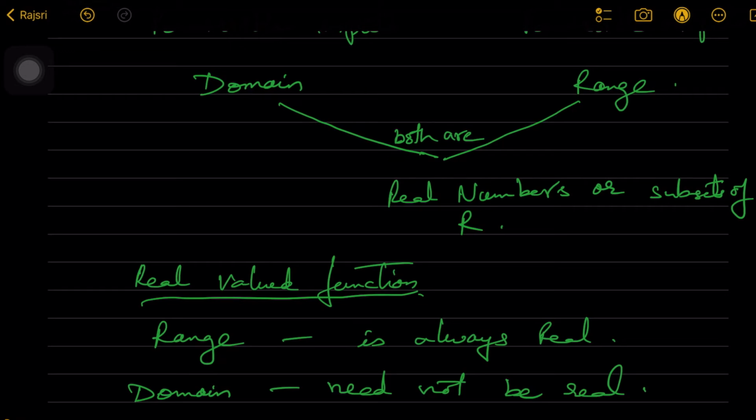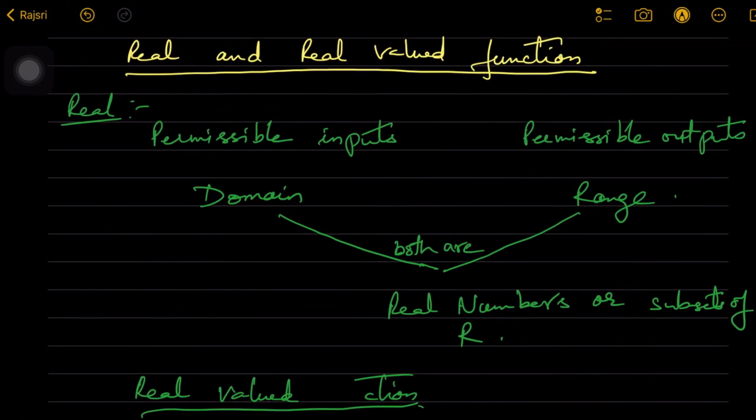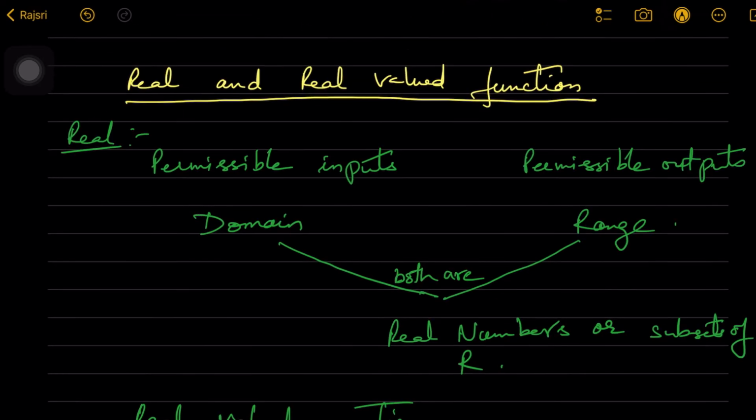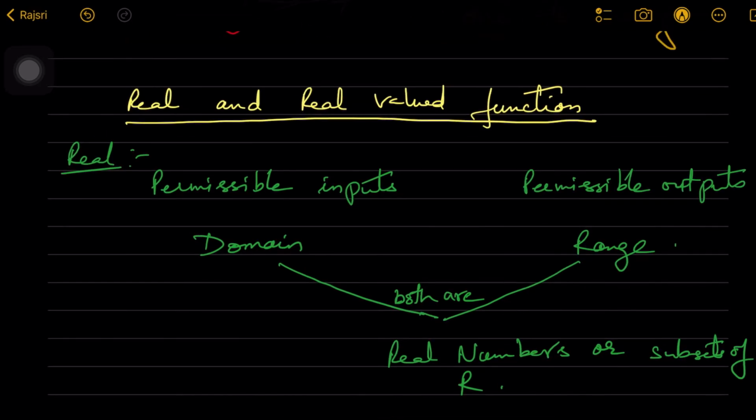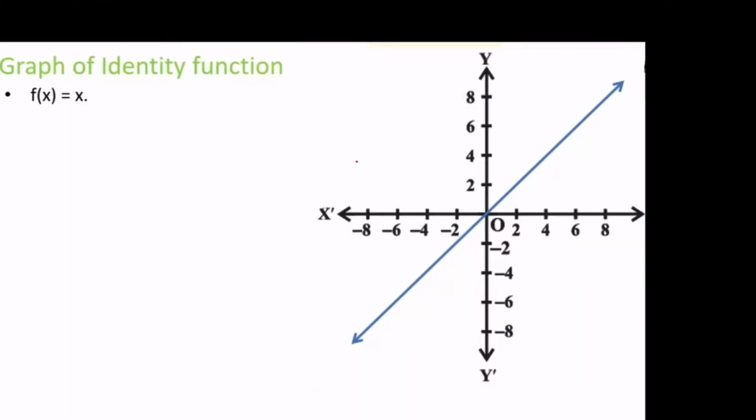So in real valued functions, the range is always real. Domain need not be real in the case of real valued functions. But in the case of real functions, permissible inputs also should be real numbers or subsets of real numbers. Permissible outputs will always be subsets of real numbers.